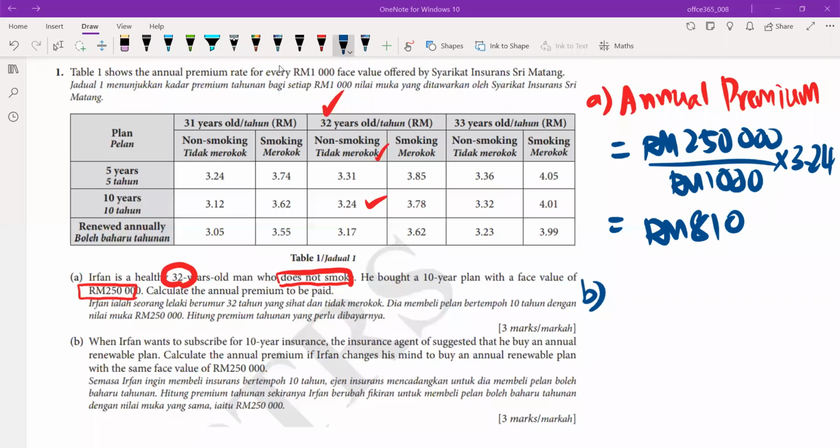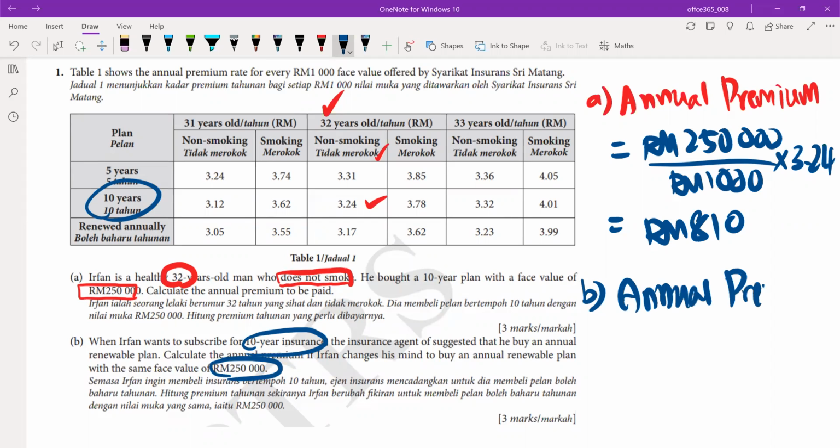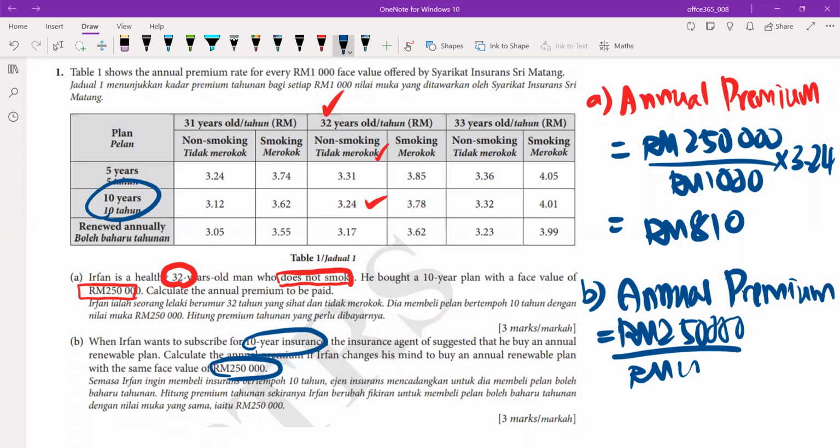For question B, when Irfan wants to subscribe to 10-year insurance, you have to look at the table. He buys an annual renewable. Calculate the amount if he changes his mind to buy an annual renewable plan with the same face value. Annual premium, same working: you take the same face value, because they give you every 1,000 face value, so divide by 1,000.